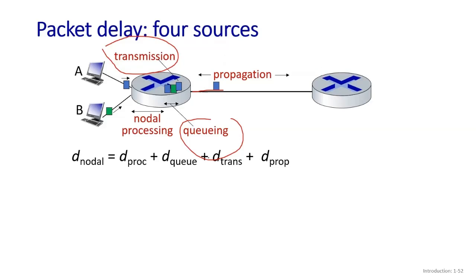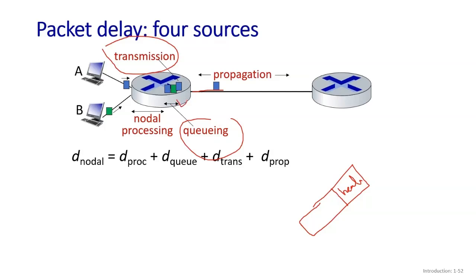Whenever a packet arrives at a router, each incoming packet has a header attached to it. The header contains the destination address, the source address, and some relevant information about the packet.